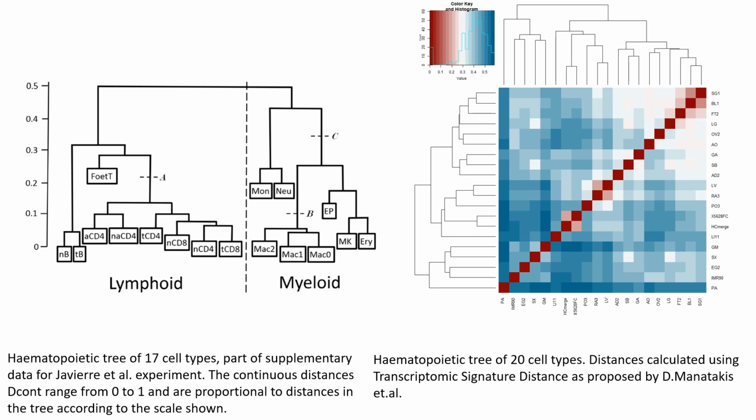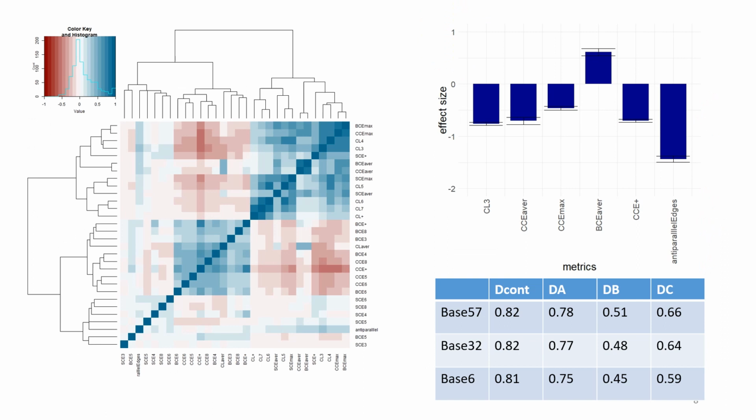For analysis, we have used continuous distances as well as several discrete threshold or tree topology-based distances. For datasets 2 and 3, we have used distance matrices derived from RNA sequencing data by calculating transcriptomic signature distance as proposed by Manatakis and colleagues.